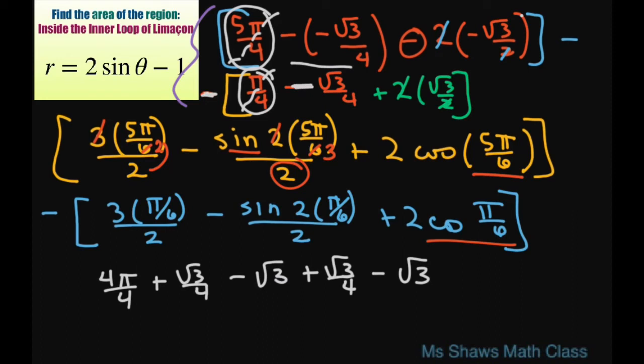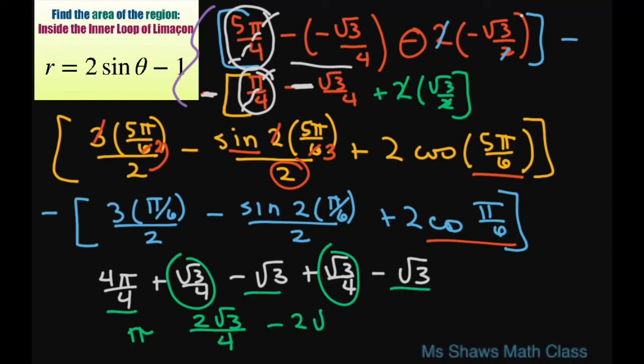Remember, 2 negatives make a positive. So this part here is just pi, this part is 2 square root of 3 divided by 4, and this is minus 2 square root of 3.